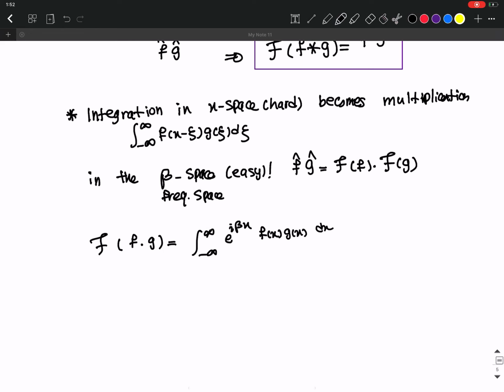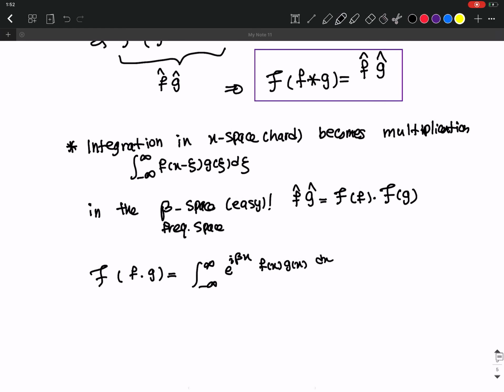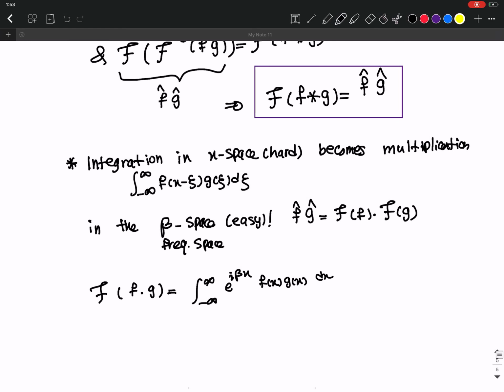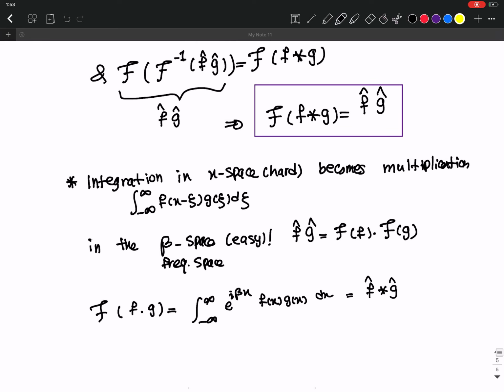And you can show that this is going to become a convolution in the Fourier space. Okay, so I'm not going to go through that, but you can show that this relationship also holds by putting this into the definition of the convolution that we have.